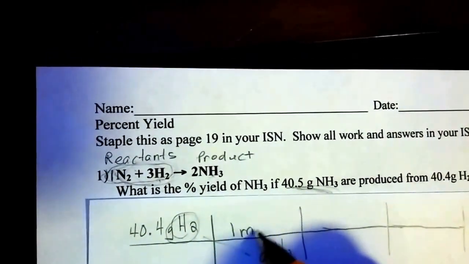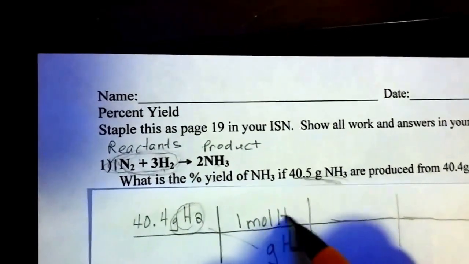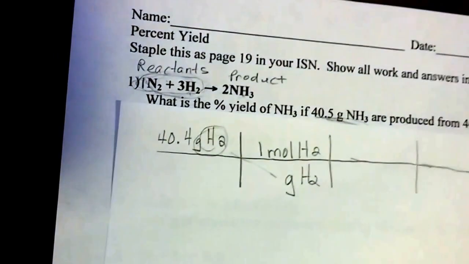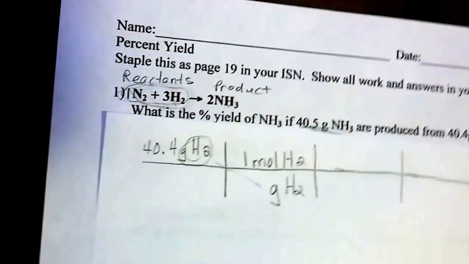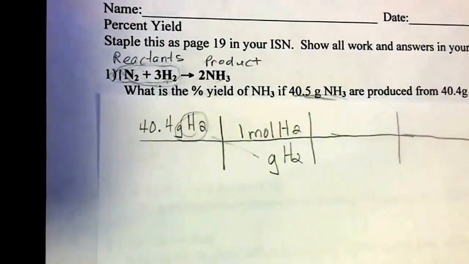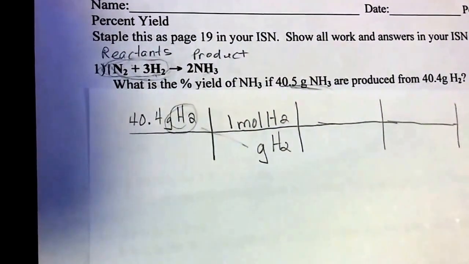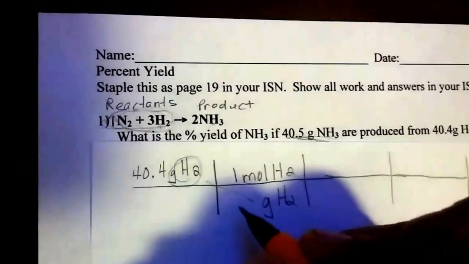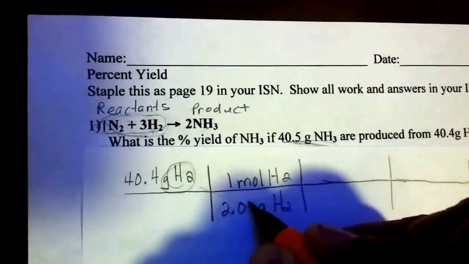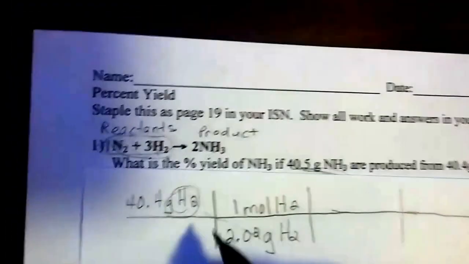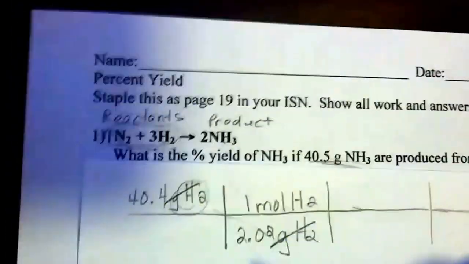And we have 1 mole of hydrogen here. Okay, so the molar mass for hydrogen at 1.01 times 2 is going to be 2.02. That allows us to cancel grams with grams.